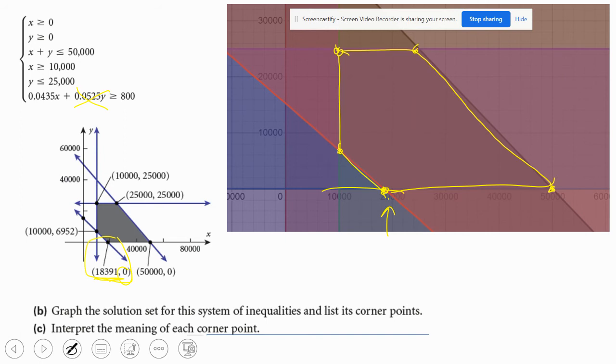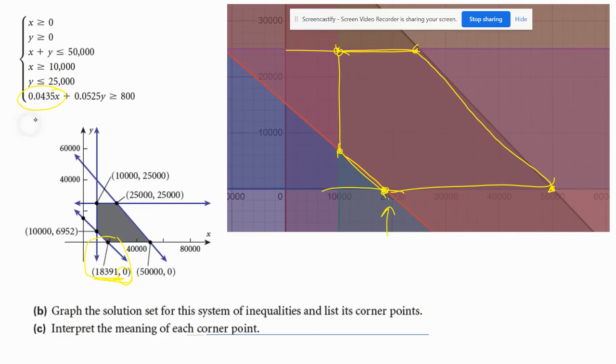This one is easy because it's on the x-axis. This one is easy because you can line up, you know what y is, and you can find x. It's a nice whole number. This one, the y coordinate is not as easy, but we know the x coordinate's 10,000. So again, on that same line, you can go here and plug in 10,000 for x.